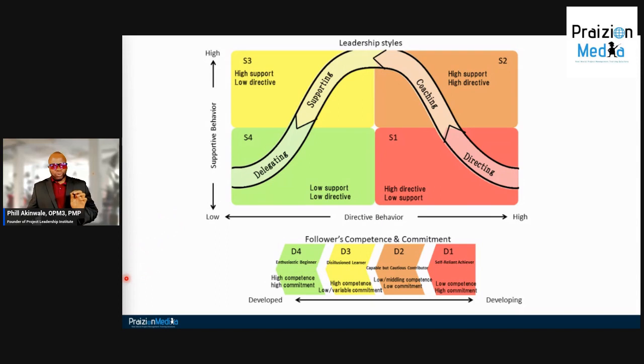If you were working with an individual that doesn't know what to do as well as other people, in fact, if you were comparing them on a continuum, you would say that they have low competence. They may have high commitment, but they are not able to do the work as well as others because they may be new.